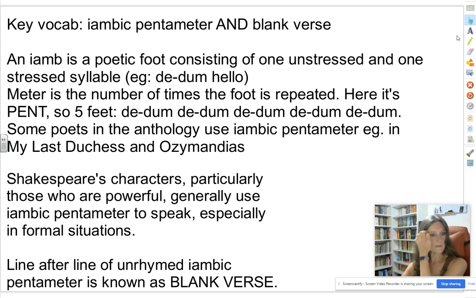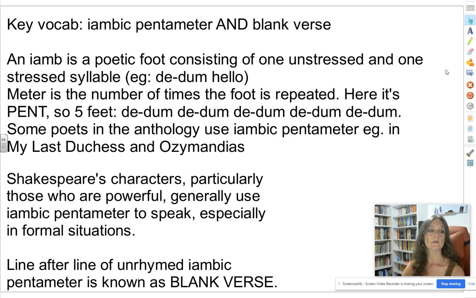So we've done iambic pentameter before, but this is going to be a detailed recap. So first of all, this weird word, iamb. It's a Greek word because ancient Greece is where theatre started, and where poetry started, and all sorts of things like that.